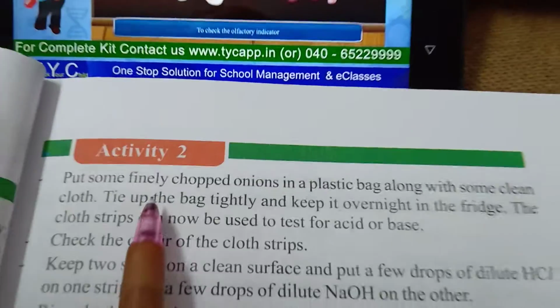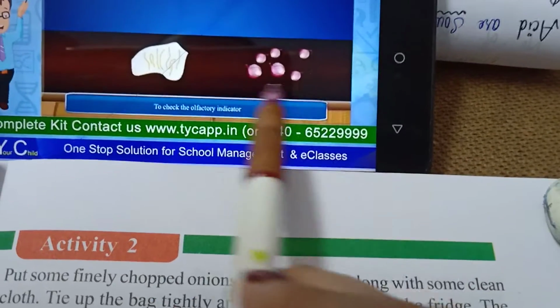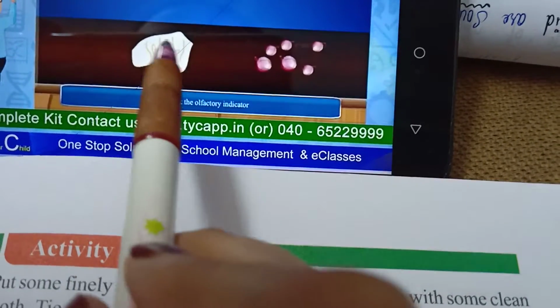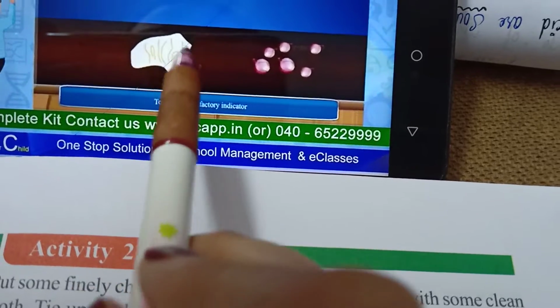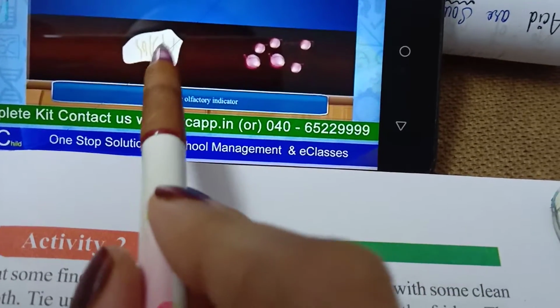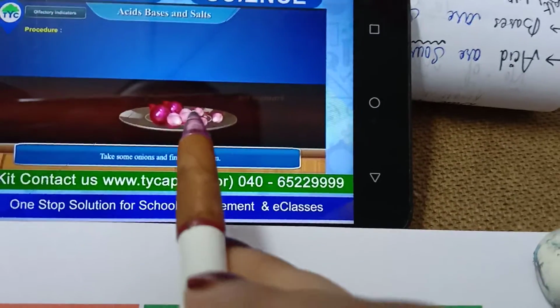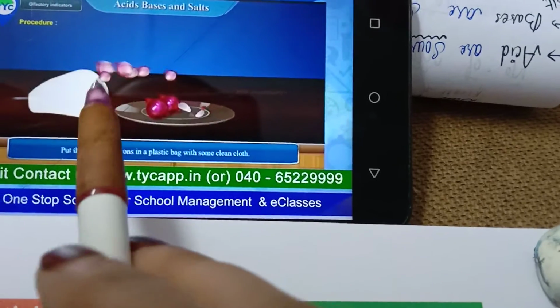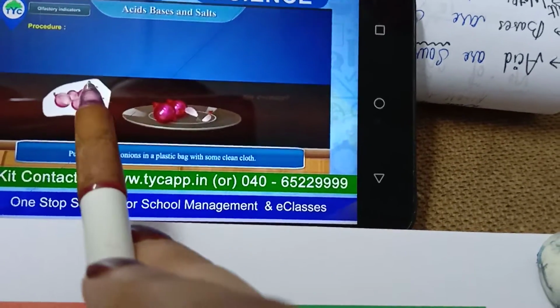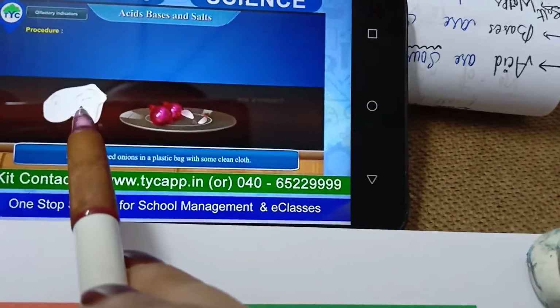To do activity 2, we need some chopped onions, a polythene bag and some pieces of cloth, I mean clean pieces or strips of cloth. Then we need to add the pieces of onion to the polythene bag in which we have kept the pieces of cloth, okay.